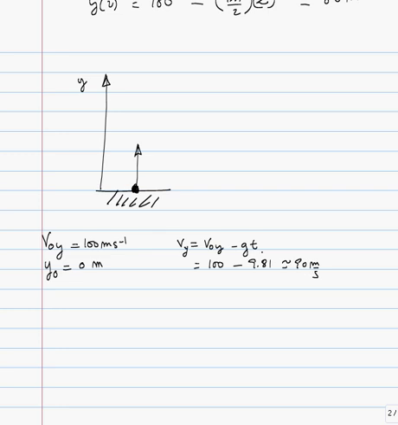Similarly, at t is equal to 2 seconds, now you have a factor of 2 over here. Therefore, this will become 80. So a second later, the velocity will be up with a magnitude of 90 meters per second. 2 seconds later, the velocity will be smaller, of a magnitude of 80 meters per second. 3 seconds later, 70 meters per second, etc., etc., etc.